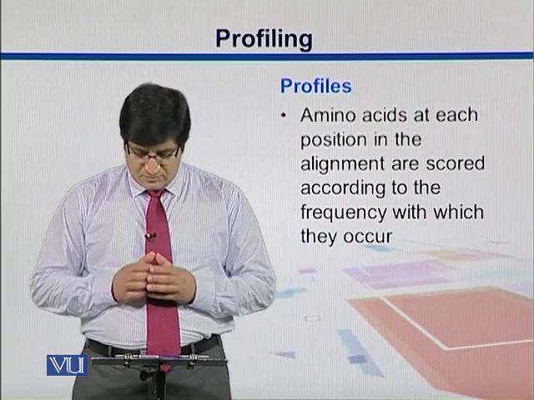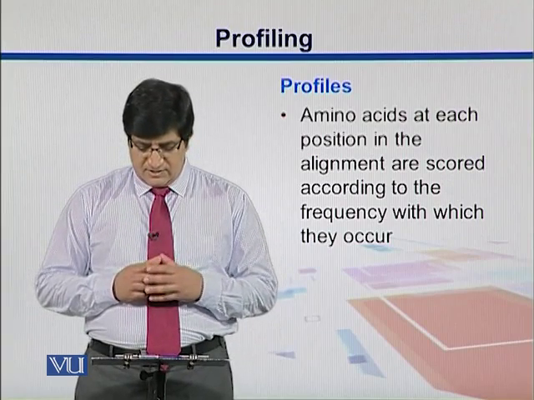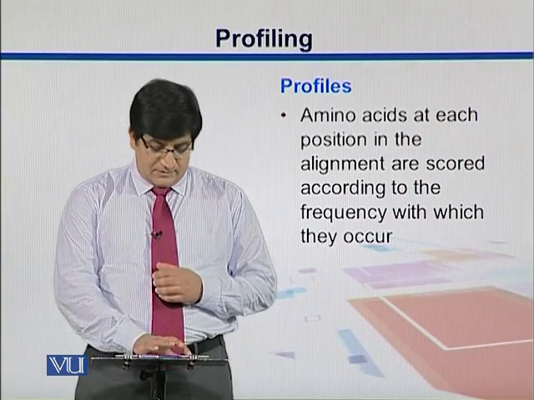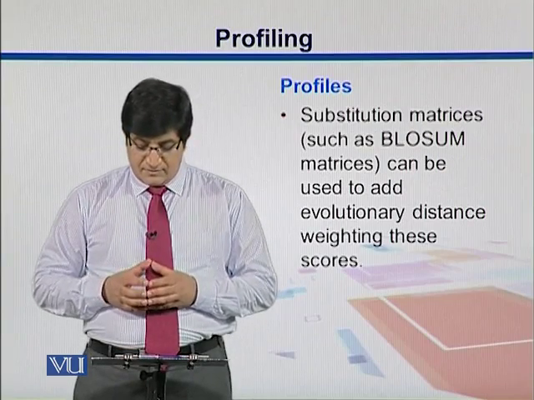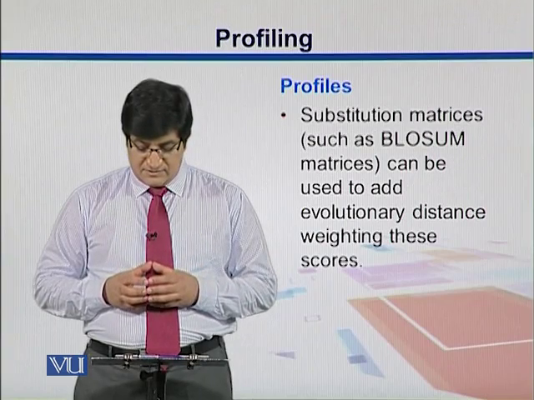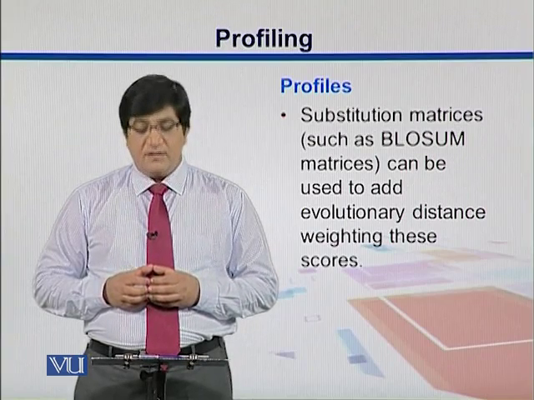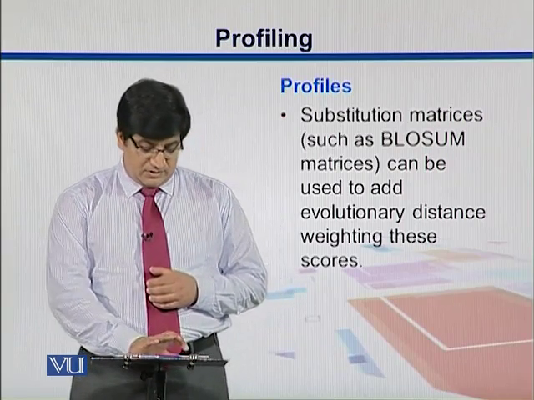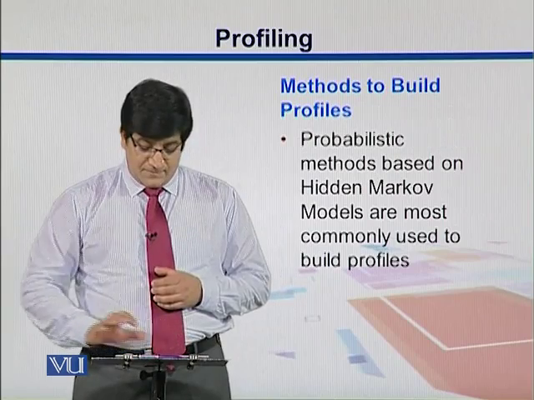Amino acids at each position in the alignments are scored according to the frequency with which they occur in nature or databases. We can use substitution matrices, and in this way we can add up the evolutionary distances and weight the overall scores of these alignments.